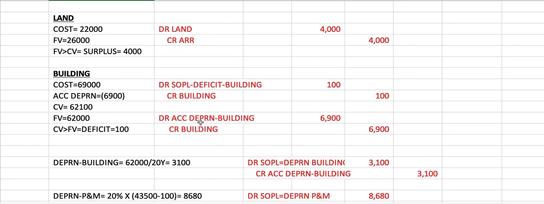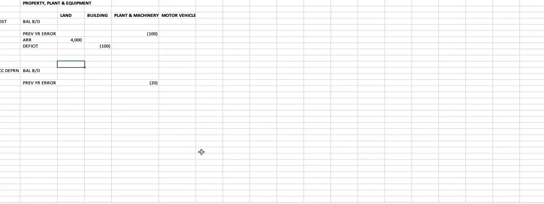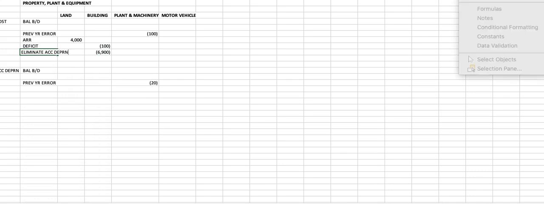Okay, debit accumulated means you deduct accumulated depreciation and you deduct your building, 6,900. So this is in notes to the account under building. Deduct accumulated and deduct building because this is to eliminate accumulated depreciation. So minus here, write here: eliminate accumulated depreciation.